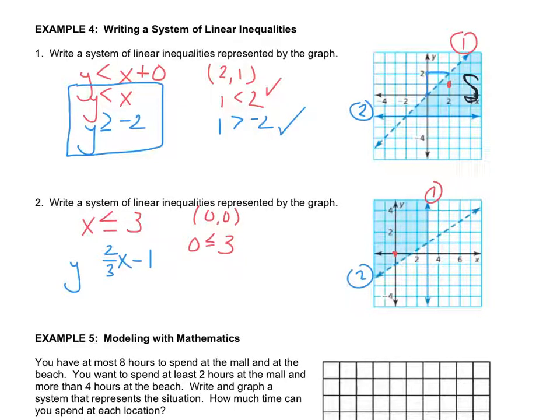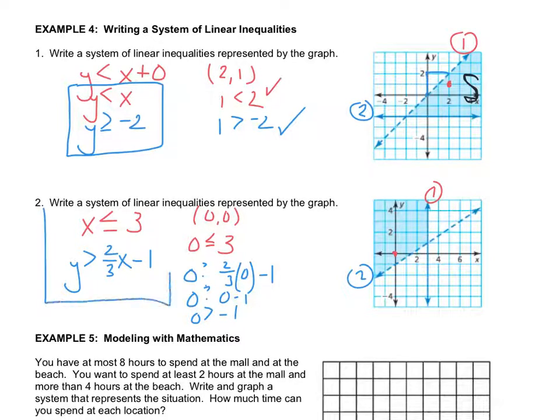It's a dashed line, so I don't have anything that's going to be solid. But I want to think of, is it greater than or less than? So if I use that (0, 0), same one because it's clearly off that line too, I would have 2/3 times 0 minus 1. I would get 0 is 0 minus 1, and 0 is greater than -1. So that means it's going to be greater than here as well. That would be my answer to this one.